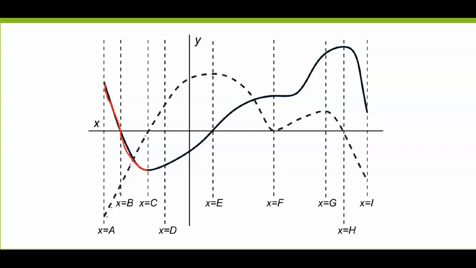Let's look at the alternative. H of x is increasing all the way to about e. So if a graph is increasing, its derivative needs to be positive. Is g of x positive from here to there?